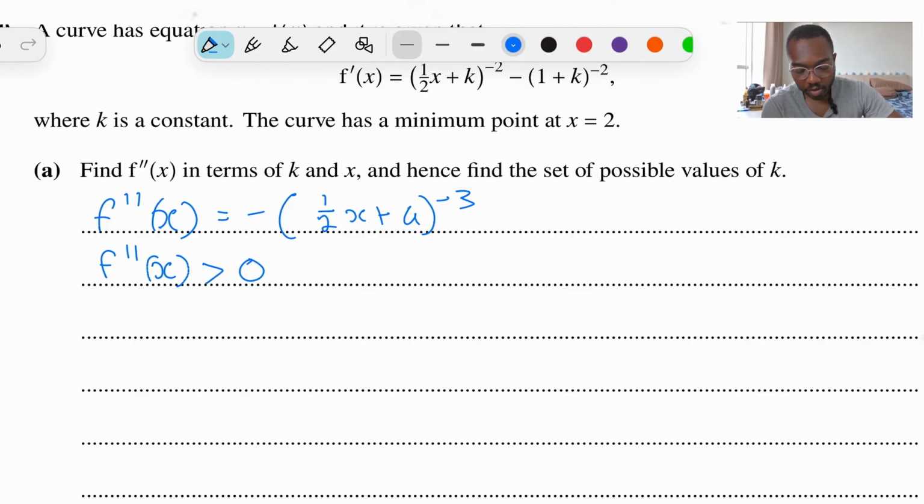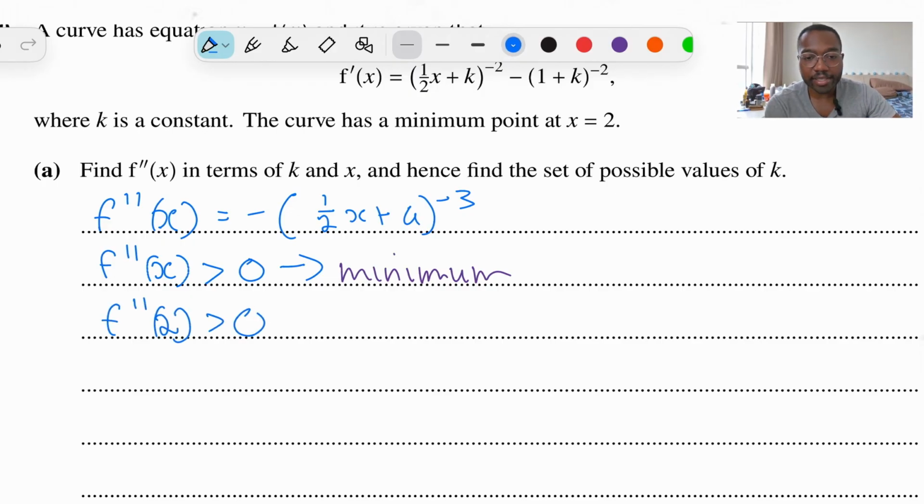So if you have a minimum at x equal to 2, which is the stationary point, then f double dash 2 has to be greater than 0. We can substitute in 2 for x, make it greater than 0, and that should give us the possible values of k.